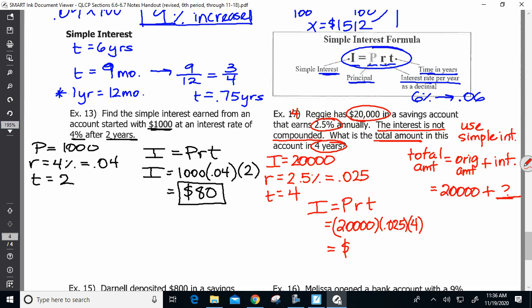We let the calculator work its magic. And that's $2,000. So the interest is $2,000. So that means your total amount is 20,000 plus 2,000, $22,000.